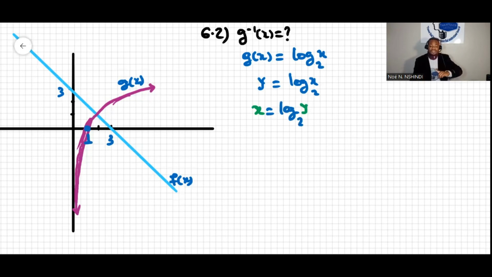Now we're going to make y the subject of the formula. According to the log definition, if you have x equal to log of a base b, this implies that b to the power of x equal to a.